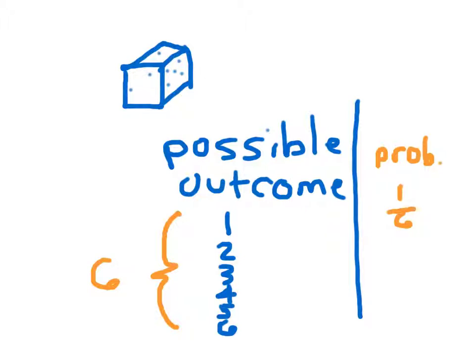The probability of a 2 is also 1/6, as is the probability of a 3, a 4, a 5, and a 6. You'll notice that those probabilities do add up to one whole. 1/6 plus 1/6 plus 1/6 is 3/6, plus another 3/6 is 6/6, which is one whole, which describes all the possible outcomes.